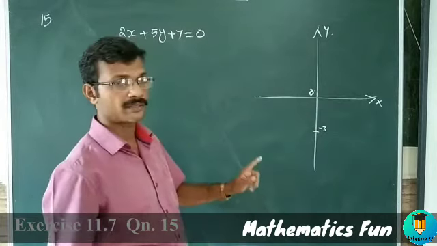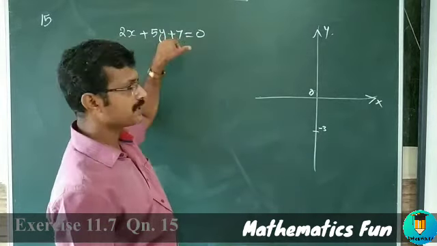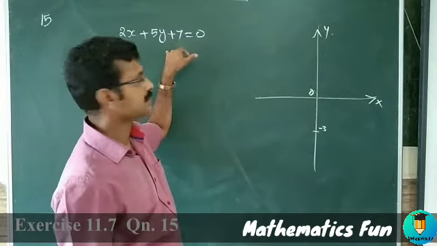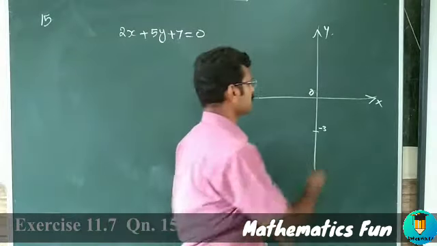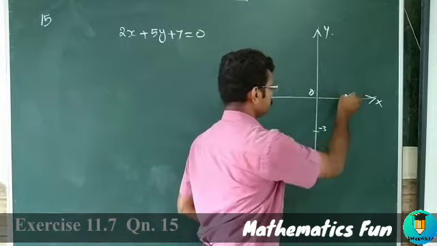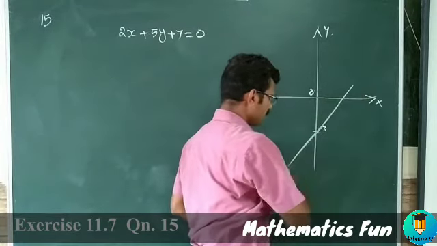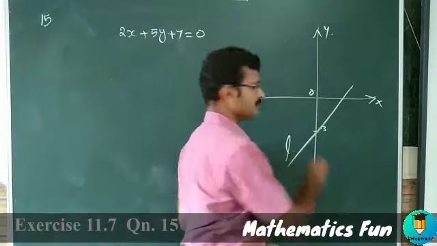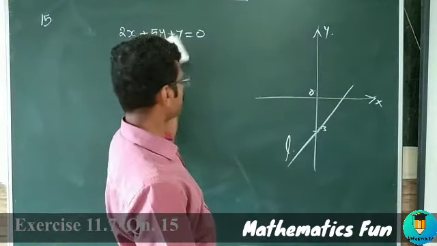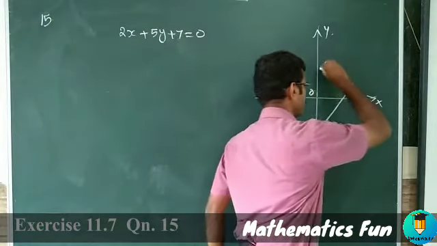But that line has another property: it is perpendicular to this line. So I am just drawing the line like that. We need the equation of this line, but they are telling us this line is perpendicular to this, so I am making it perpendicular.